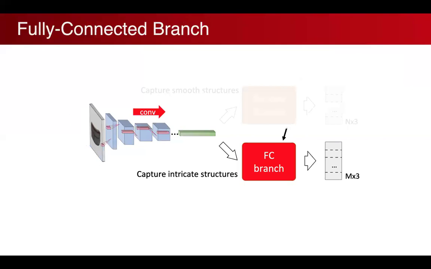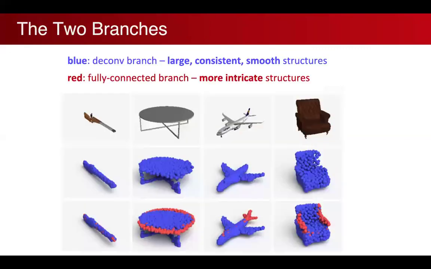On the other hand, this fully connected branch is going to detect the high variability patches and highlight the important points. And so here we see how this combination is very effective.